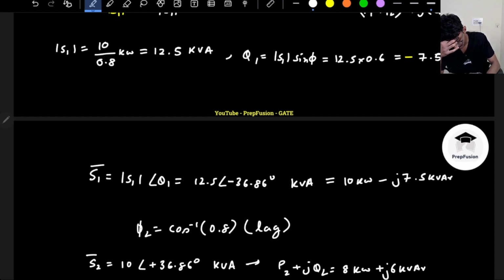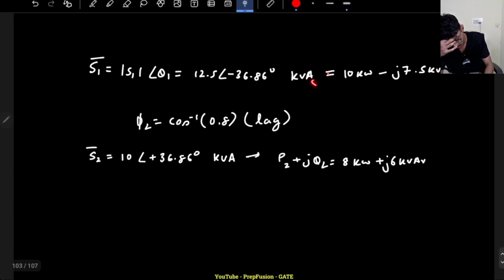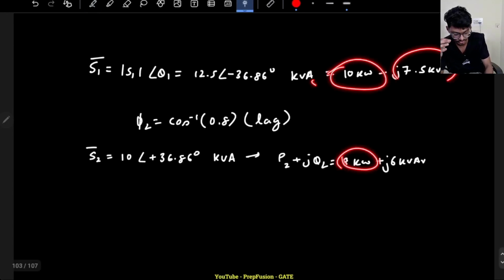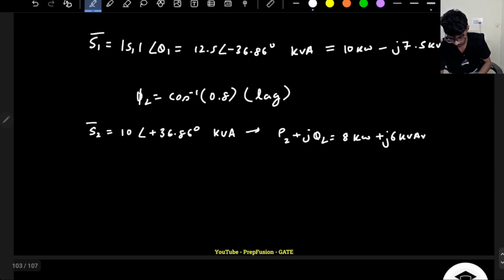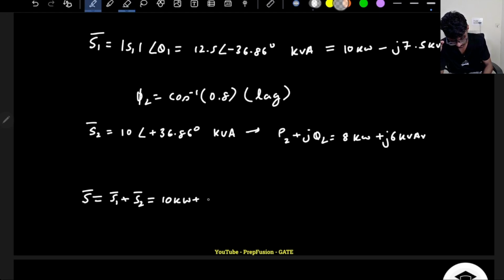Now individually you can add these two things because these are similar objects. So overall your apparent power will come out to be S1 plus S2. This will be 10 kilowatt plus 8 kilowatt, minus j 7.5 kVAR plus j 6 kVAR.